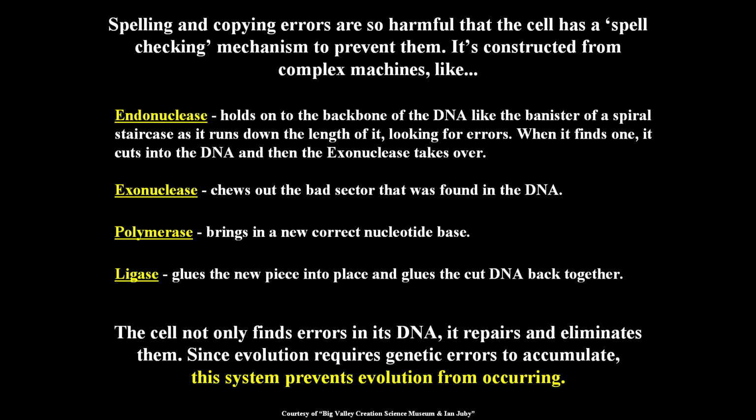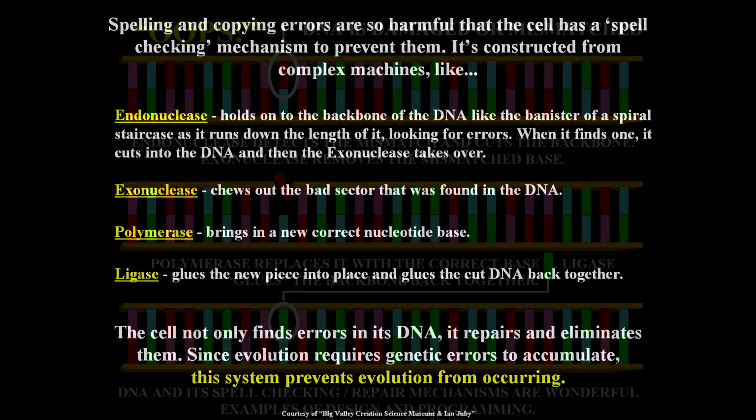Polymerase brings in a new correct nucleotide base. Ligase glues the new piece into place and glues the cut DNA back together. The cell not only finds errors in its DNA, it repairs and eliminates them. Since evolution requires genetic errors to accumulate, the system prevents evolution from occurring. So because DNA is set up like it is, it prevents the supposed theory of evolution from ever happening.